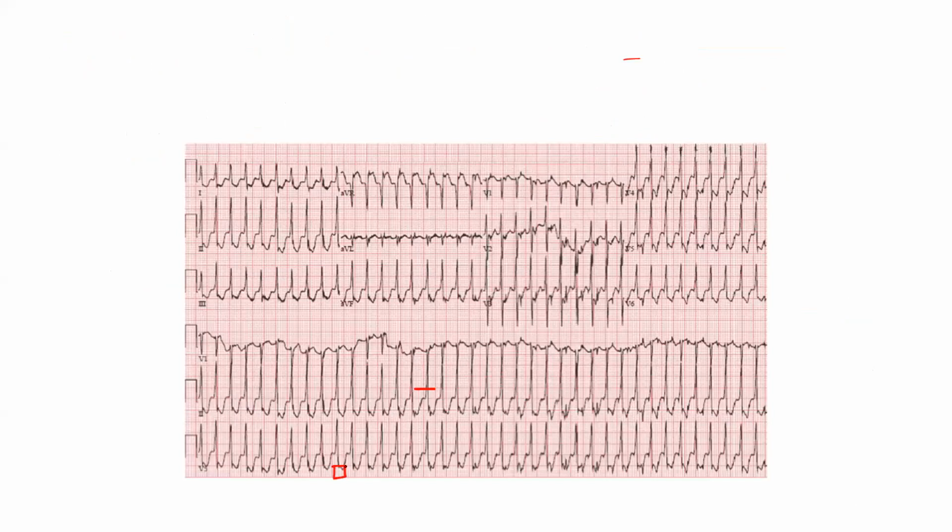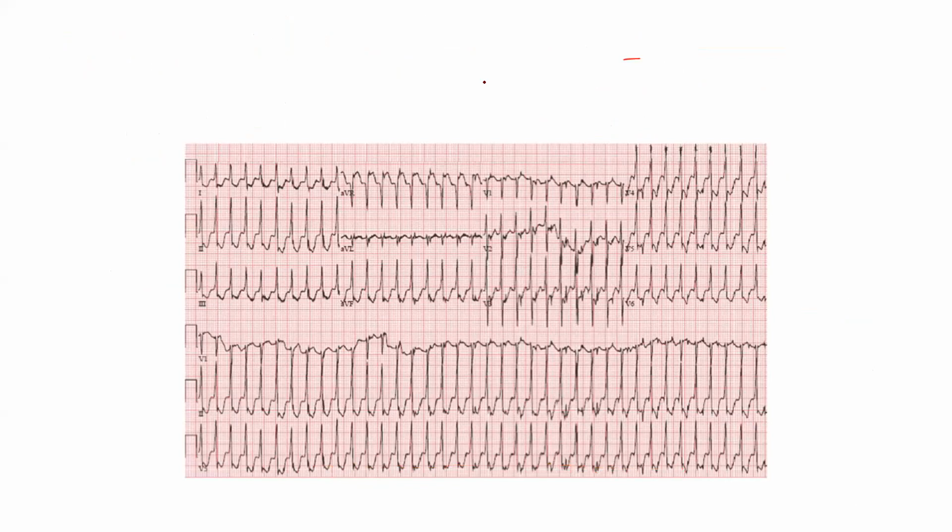If it's an irregular rhythm, read for 50 large boxes, which comes to 10 seconds. Calculate the number of R waves in those 50 large boxes and multiply by 6; that will be the heart rate. Do you understand what I'm telling?